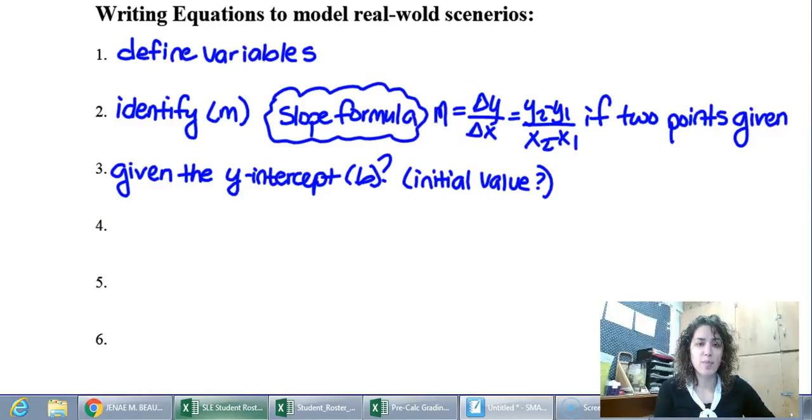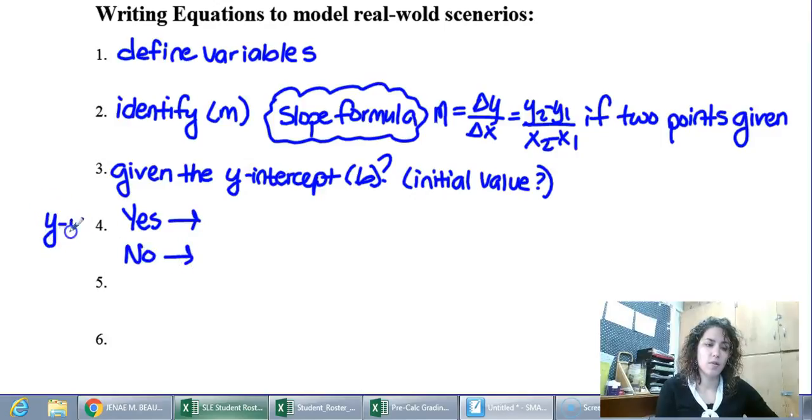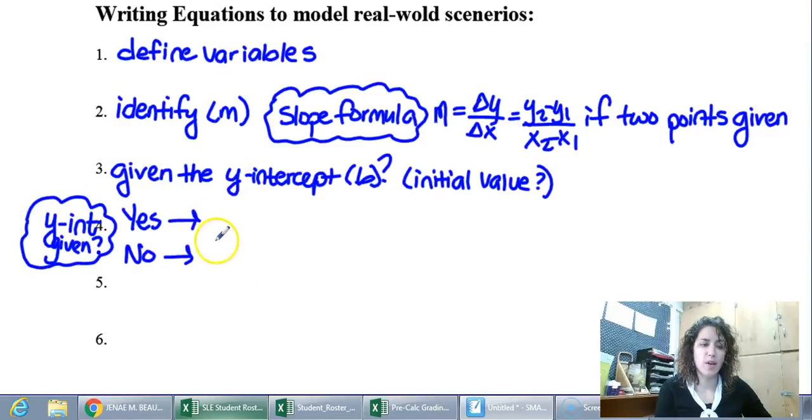So step 4 is going to be like a split. So we're going to have like a yes and a no for y-intercept given. It's going to influence what we do next.